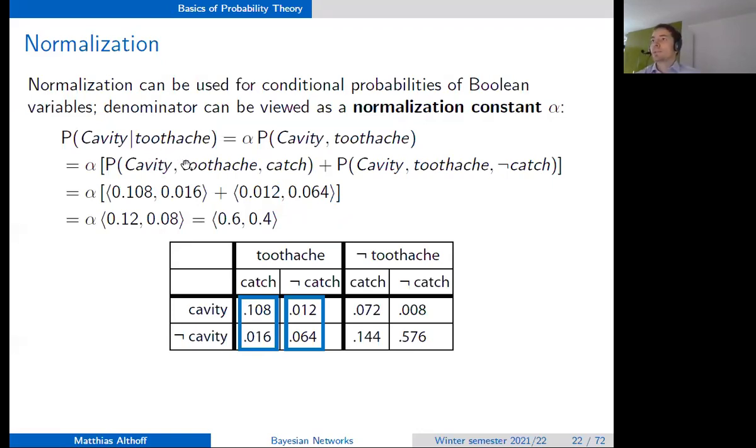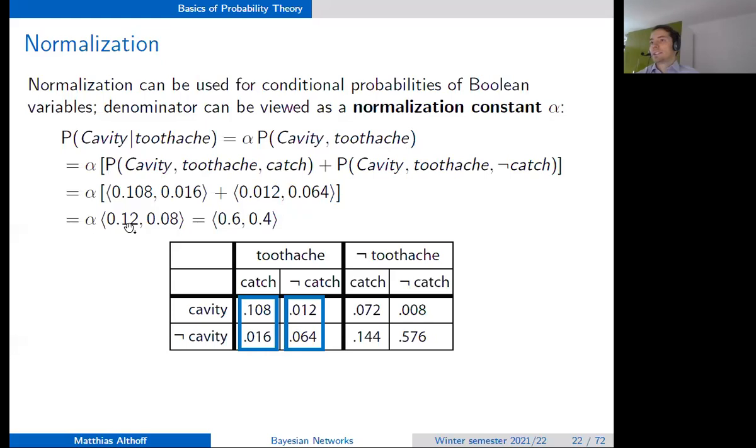But what we then do is sum over the hidden variables. In this case, it's catch. So we use the joint probabilities of cavity, toothache, catch and cavity, toothache, not catch to obtain the joint probability of cavity and toothache. Insert the numbers from the table, add the numbers, and then we use normalization. So we have 12% and 8% here.